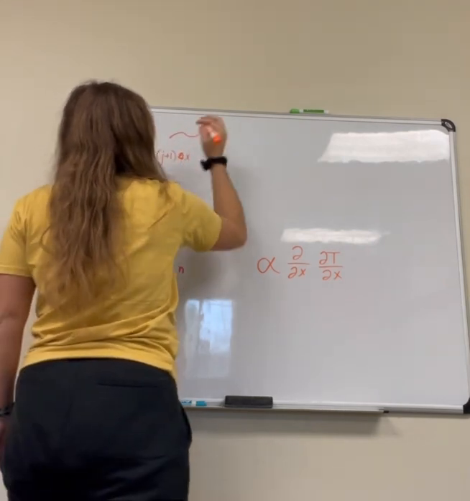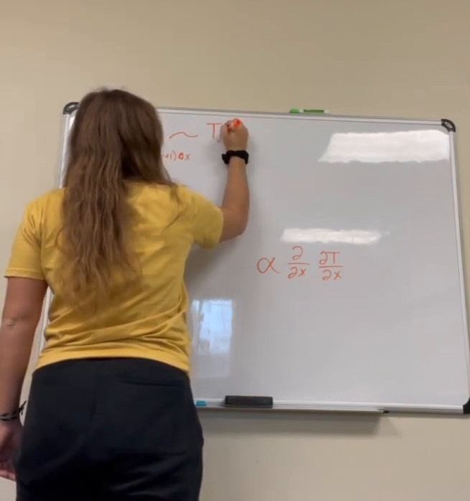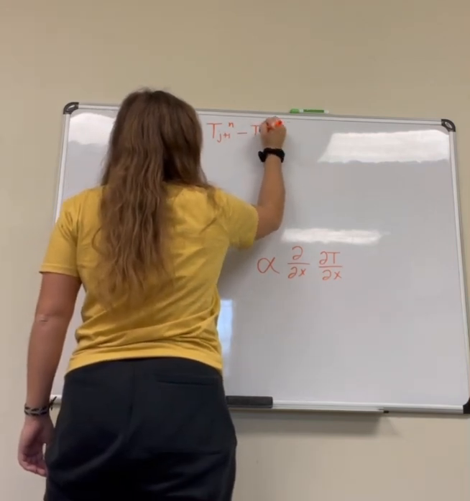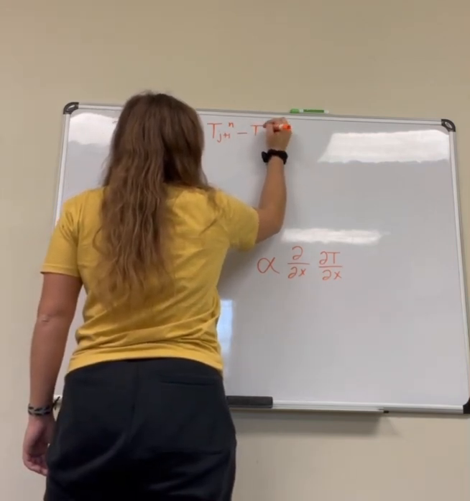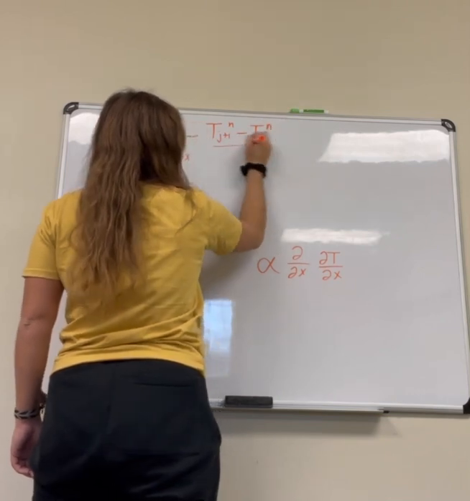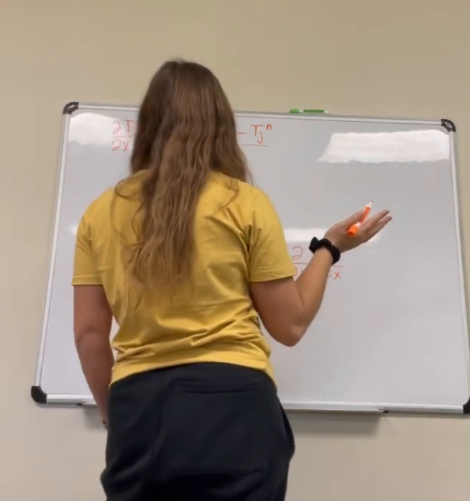So that is going to be t at the position j plus 1 at time n minus temperature at j now, so different position but same time, all over the change in x, the change in the position.